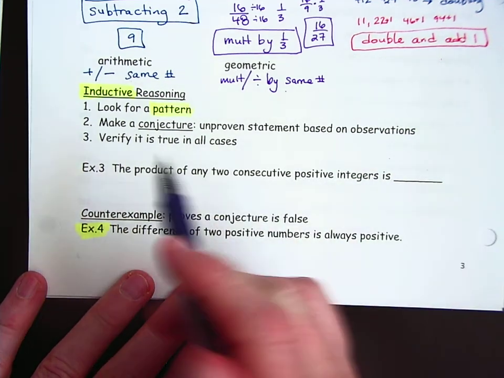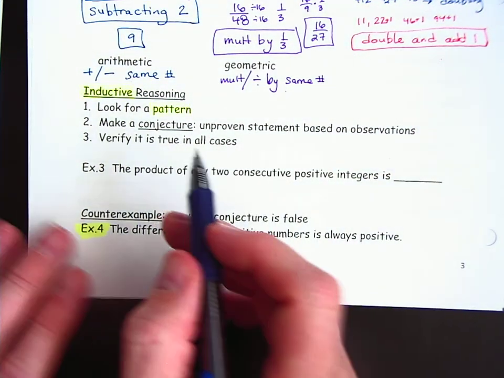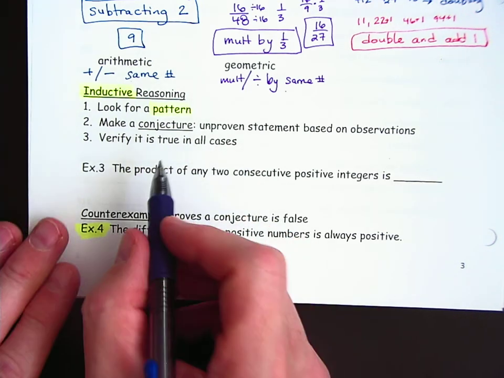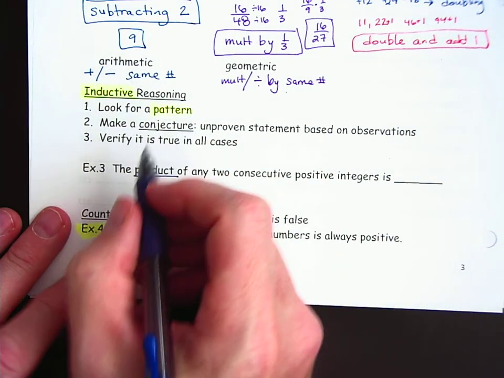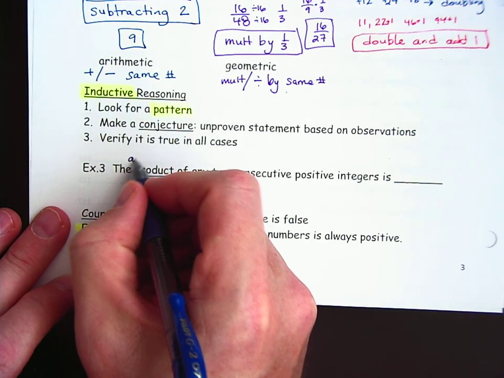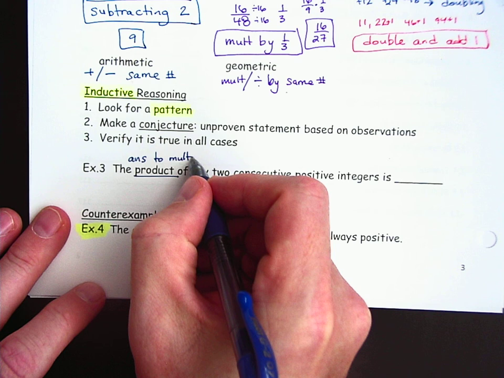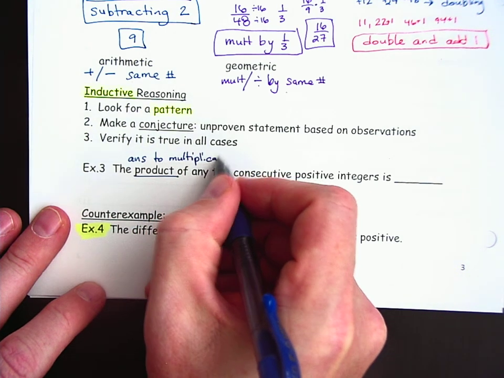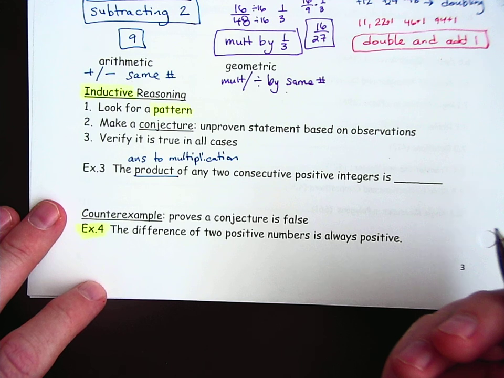Okay, so example 3, the product. Math has some vocabulary, and you need to know what product means. So you need to think about what's the definition of product. A product is an answer to a multiplication problem.